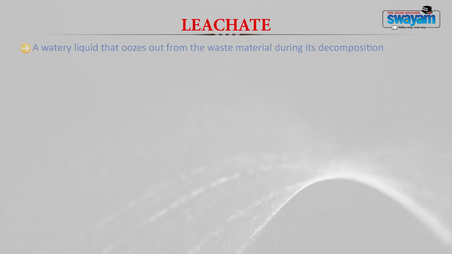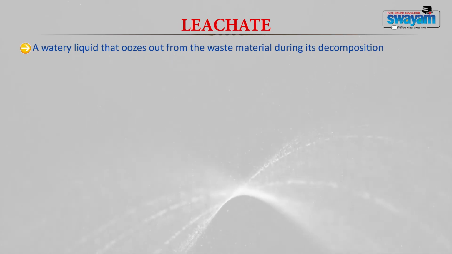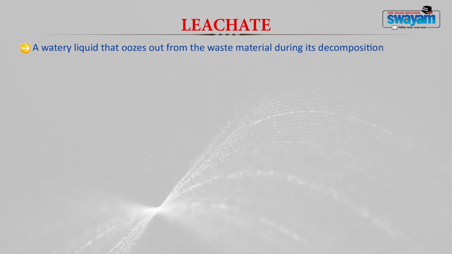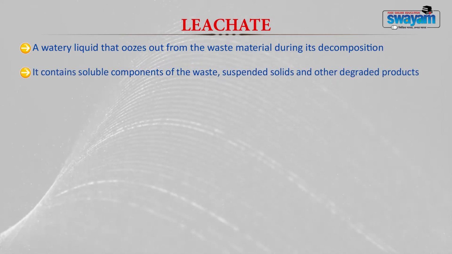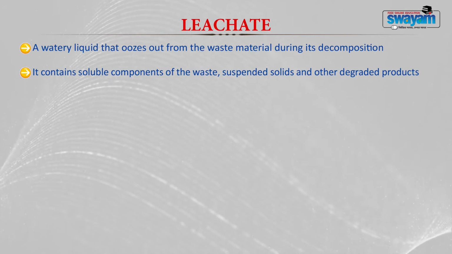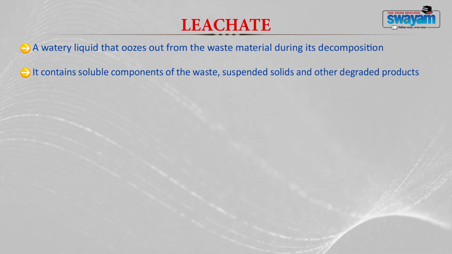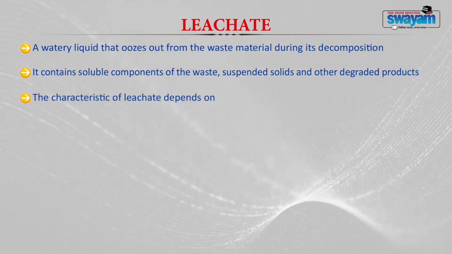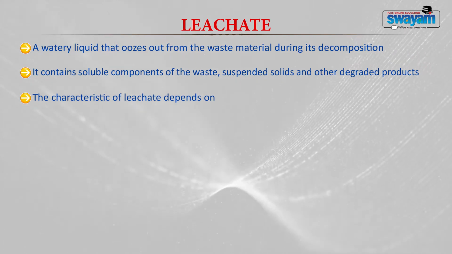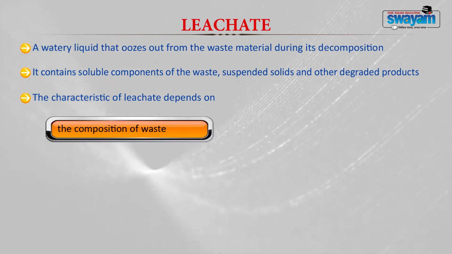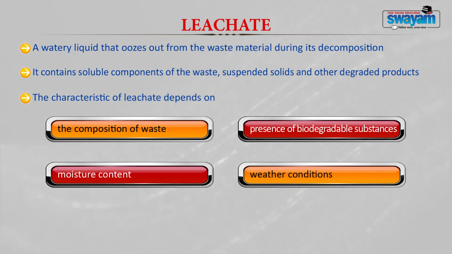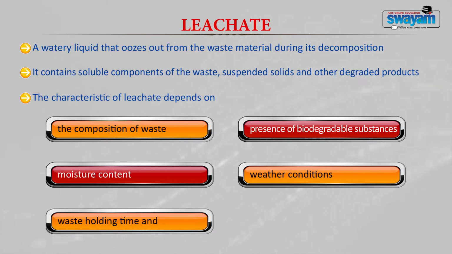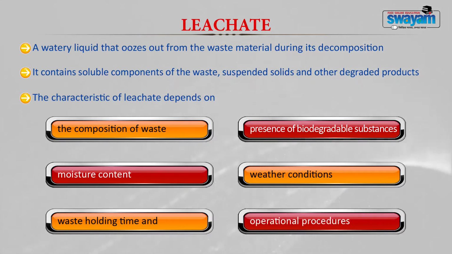Leachate is a watery liquid that oozes out from the waste material during its decomposition. It contains a lot of components in the soluble as well as particulate form, like your suspended solids and your degraded products. The characteristics of a leachate depend upon the composition of waste, the presence of biodegradable substances, moisture content, weather conditions, waste holding time and various operational procedures.